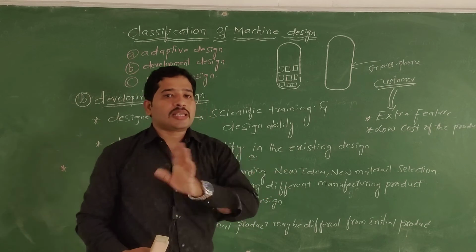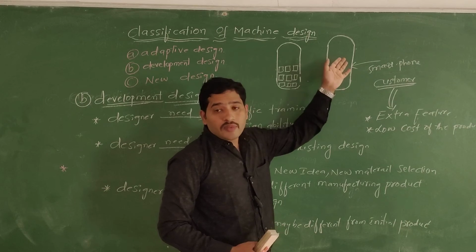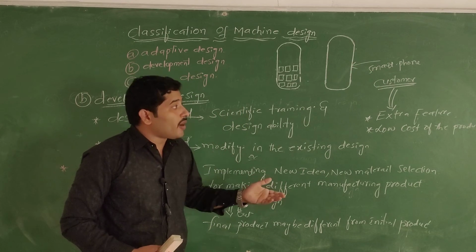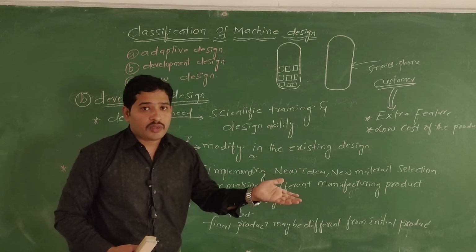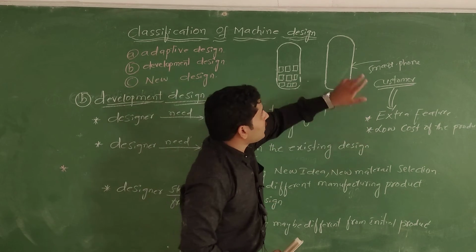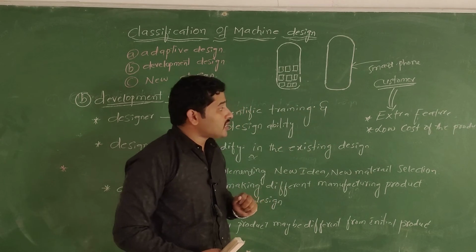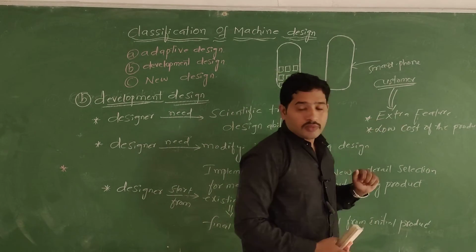Nowadays no one is using the button mobile phone because they want the smartphone. In the smartphone we need to implement new features and new creativity. And third thing is, this smartphone cost should be very low.